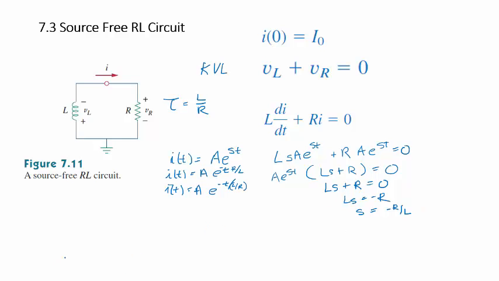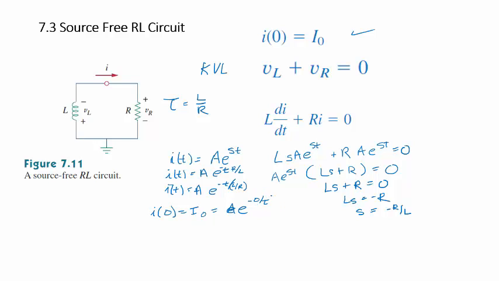The last thing we have to do is apply our initial conditions to get this value of A, the other unknown in this equation. Our initial condition right here was that I at time 0 was I0. So I at time 0 is I0, which equals A e to the minus 0 over our time constant.